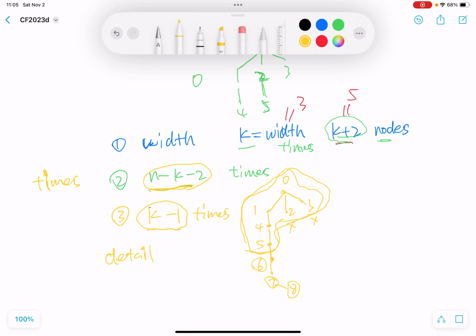So if we really query k minus 1 times for situation 3, we don't need to query more for situation 2. So we can minus 1 for the whole answer, for the sum of these 3 situations.